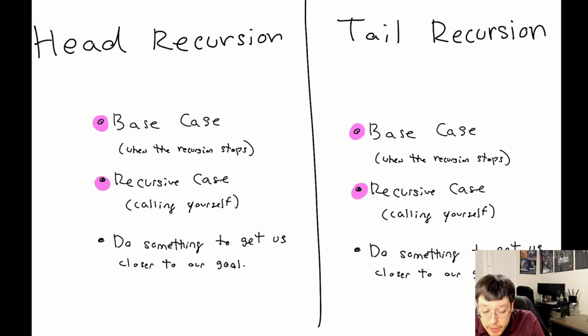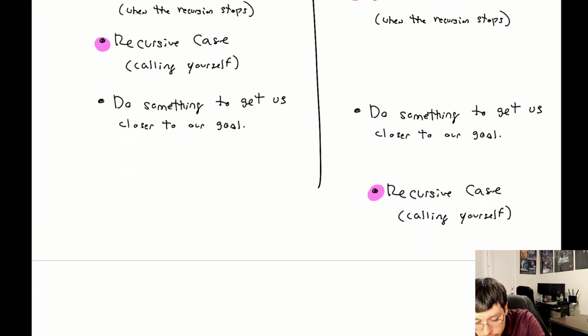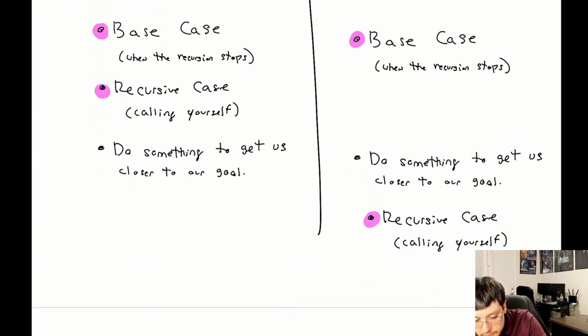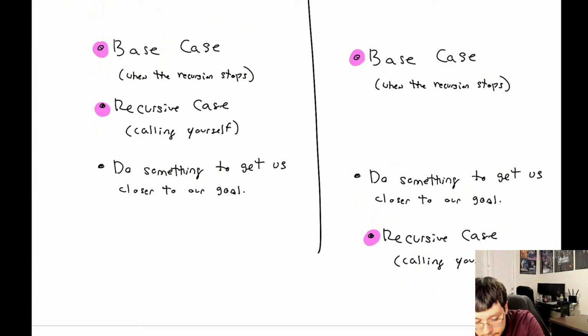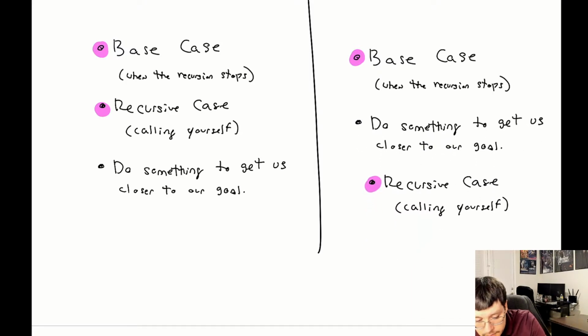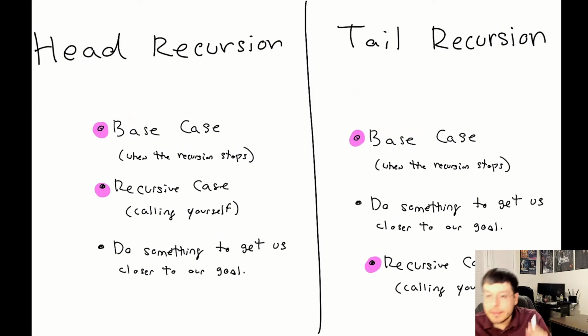Whereas tail recursion is what we did last class. That is a scenario where your recursive case is actually the last thing in your function, like this. And that's easier to think about, because normally when you're going to do something, you go step 1, step 2, step 3, step 4.